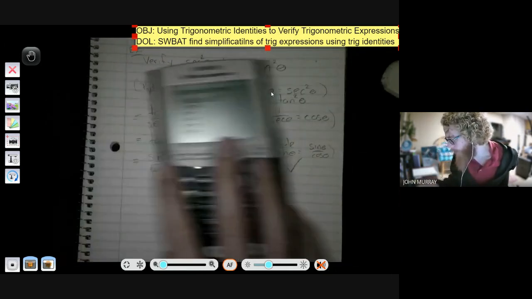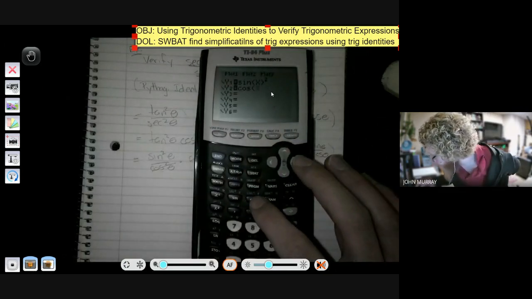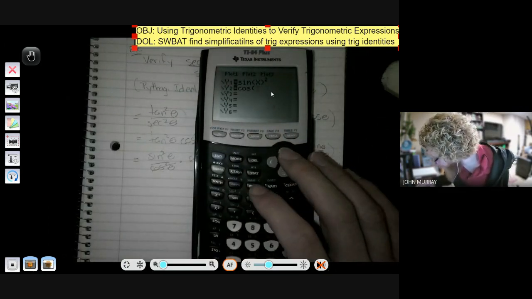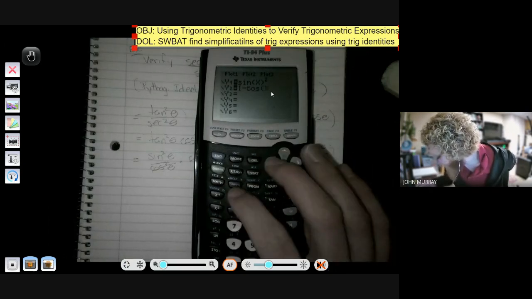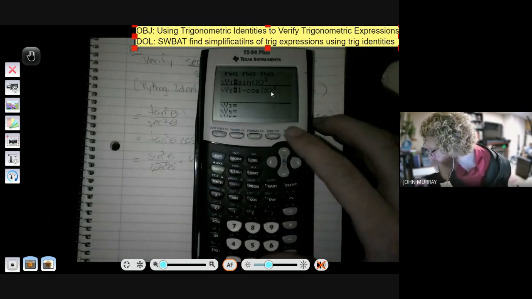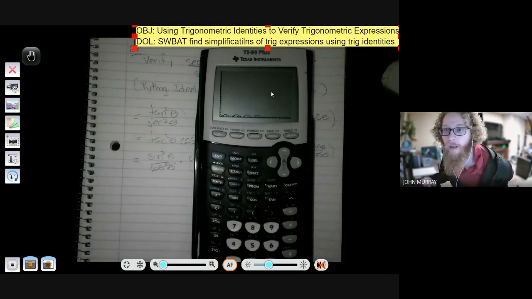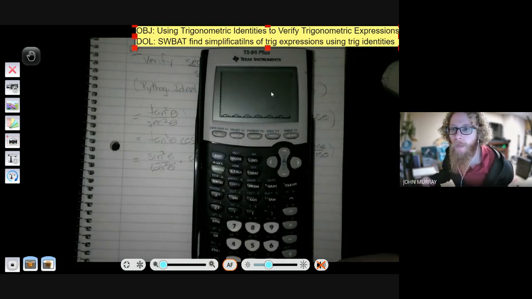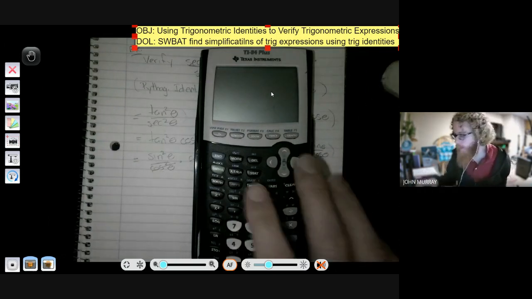And I know that that is going to be equal to 1 minus cosine of x squared. All right, so again, if I look at the graphs, it's a tiny graph, but there's my first function. And my second function doesn't look like it's appearing because it's the same function, and my battery's died.